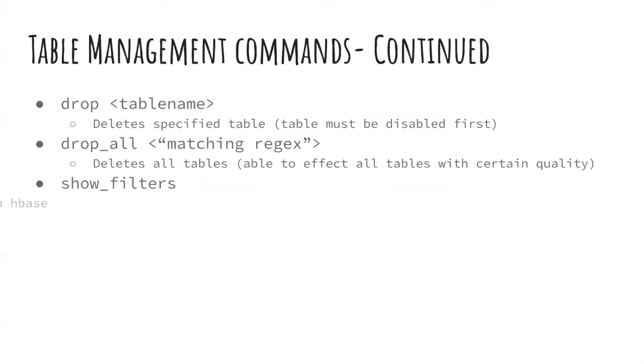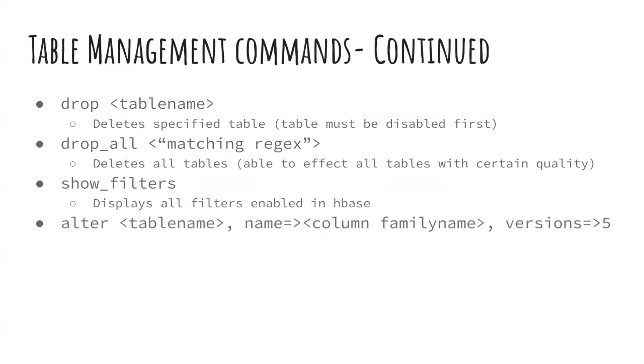Show filters is straightforward: it displays all the filters that are enabled in your HBase system. Then we have alter. Alter manipulates a table, like the structure of the table. If you wanted to add a new column, you could do that, stuff like that. So it changes a table's structure.